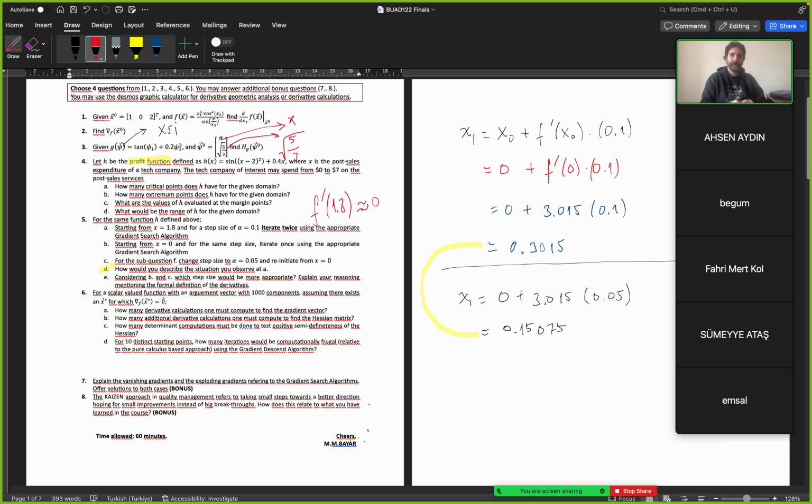Okay. This is called the vanishing gradient problem, because the update function formula is something like this. The new solution is the old solution plus or minus f differentiated at the old solution times the step size.